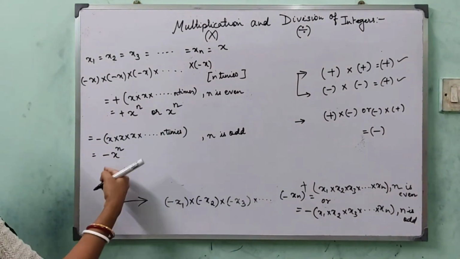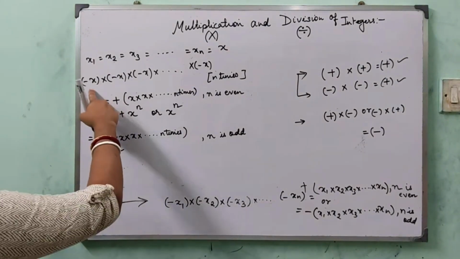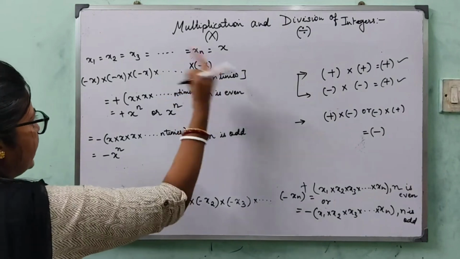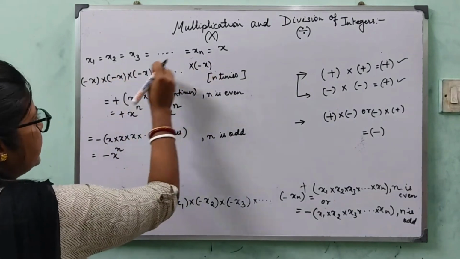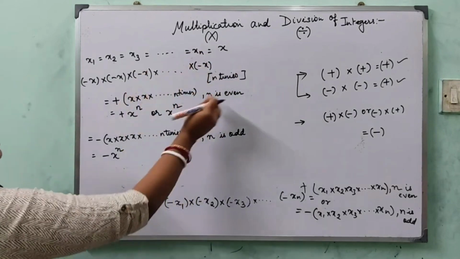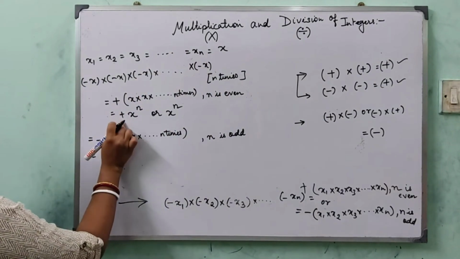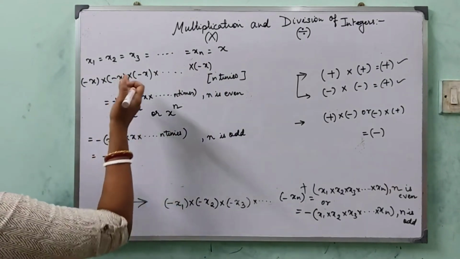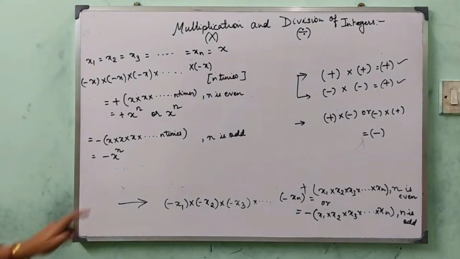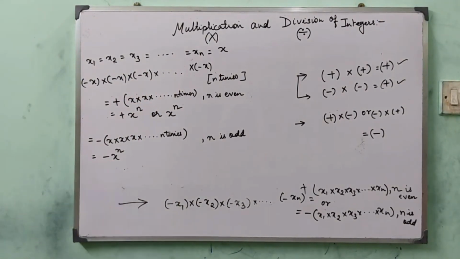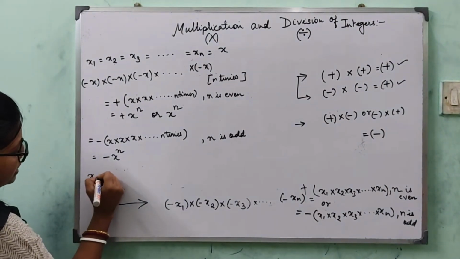Here also, same thing. If the number of negative x's involved in the product is even, then the product will have a plus sign. And if the number of negative x's involved in the product is odd, then it has a minus sign.